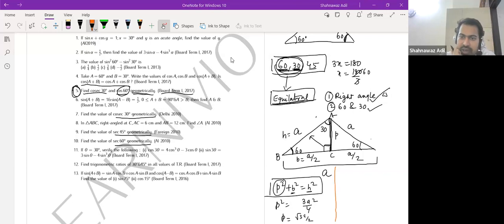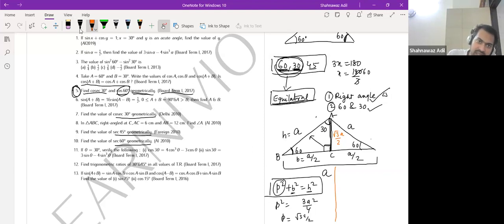Did you get root 3a by 2? Shoaib also got it, and Amar also got it. So everybody got root 3a by 2. Let us write this: root 3a by 2. Now we have all the angles and all the sides.